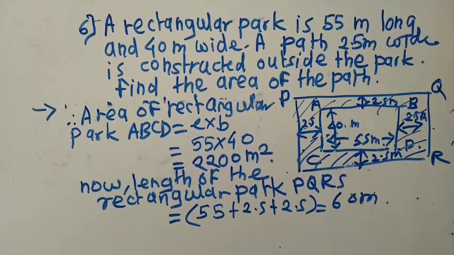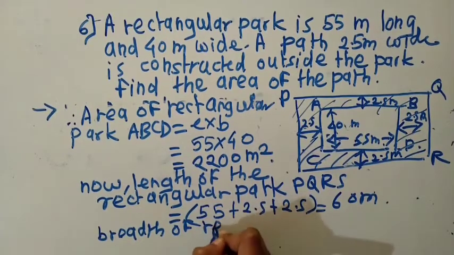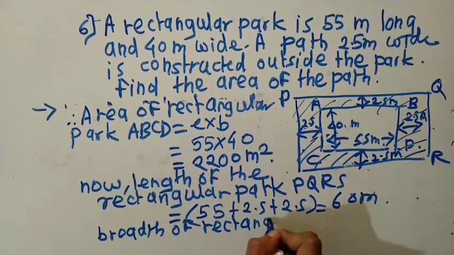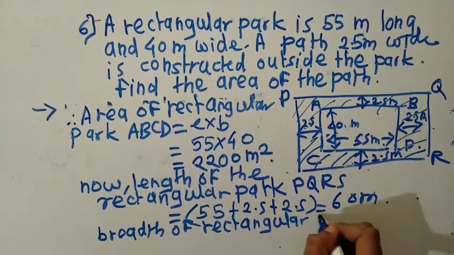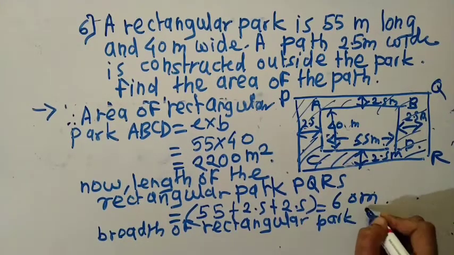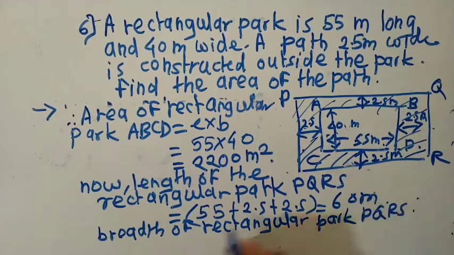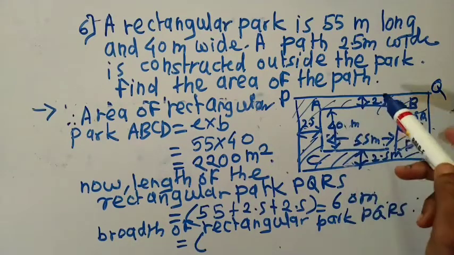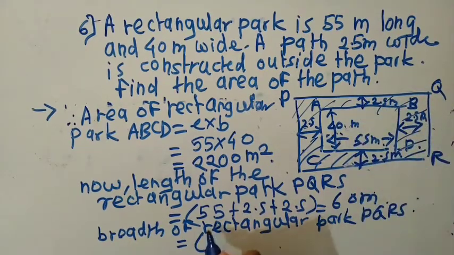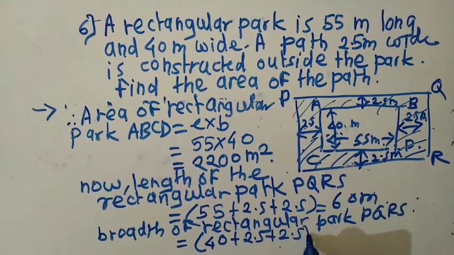And breadth of PQRS is equal to 40 plus 2.5 plus 2.5, and 40 plus 5 is equal to 45 meter.